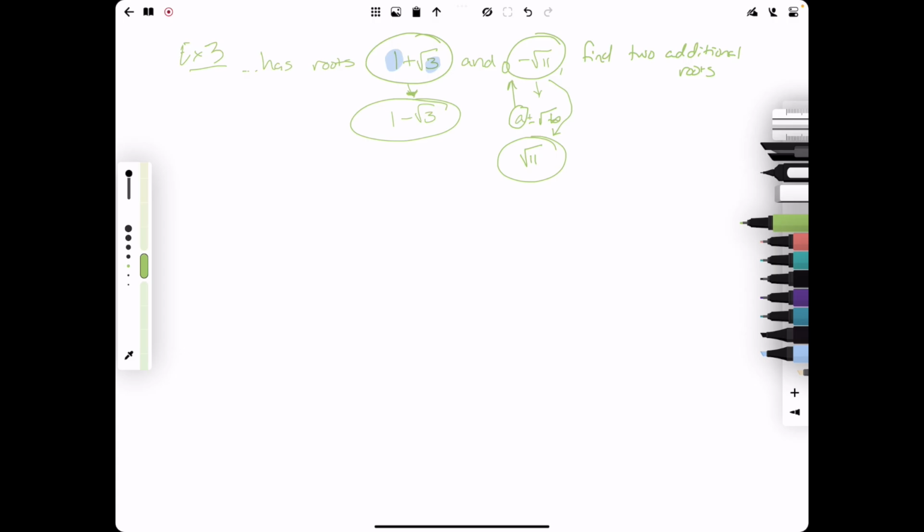Okay. Complex conjugates. What are complex numbers? Do you remember? Are those the ones that are imaginary? Yeah, they are. A complex number includes an imaginary component.